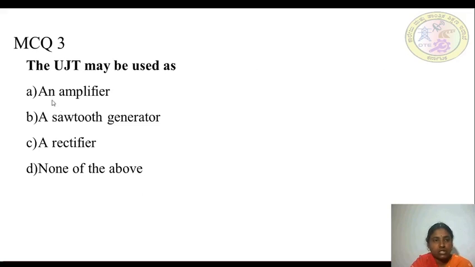The next question is, the UJT may be used as an amplifier, a sawtooth generator, or rectifier, or none of the above. Here for this question you have to remember the waveform of the UJT, the pulses generated by the UJT. If you try to remember it, then you will automatically get the answer.